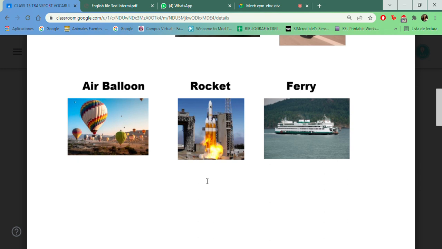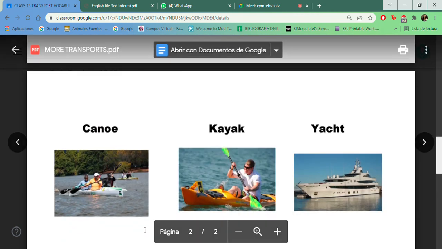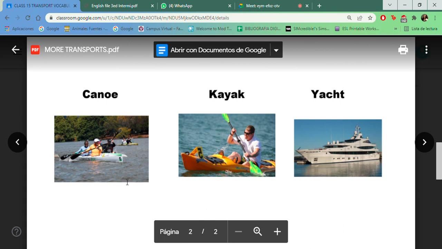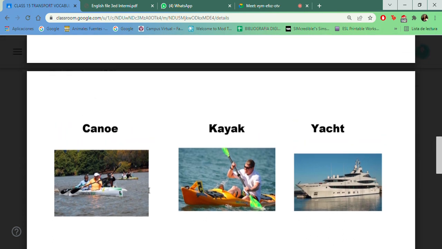And then you have ferry. This is a boat or a ship that takes passengers from one side to the other when they have to cross the water, right? Excellent. Canoe, kayak, and yacht. These are transport for water.